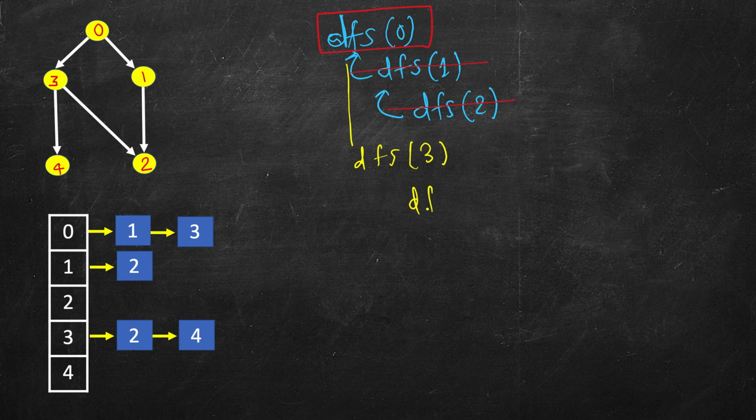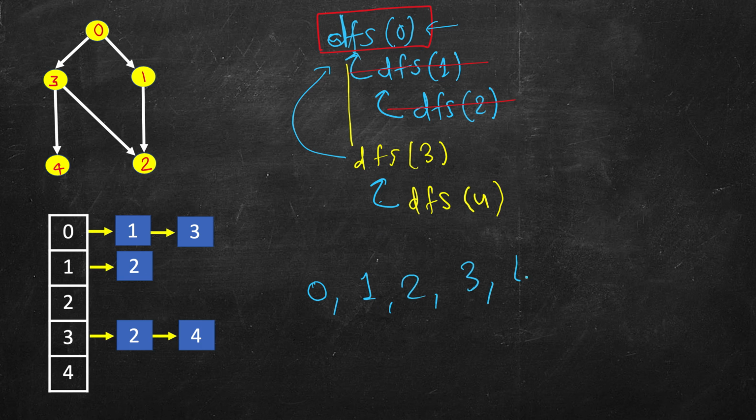So it will call DFS 4. Then there are no neighbors of 4, so it will return again. It will return to 3. There are no other neighbors of 3, so it will return back to 0. And there are no other neighbors of 0, so this call will end. So what order will it be printed? First 0 is visited, then 1, then 2, then 3, then 4.